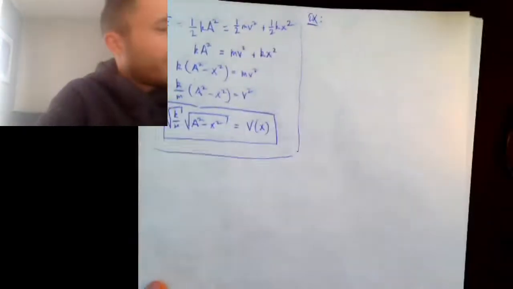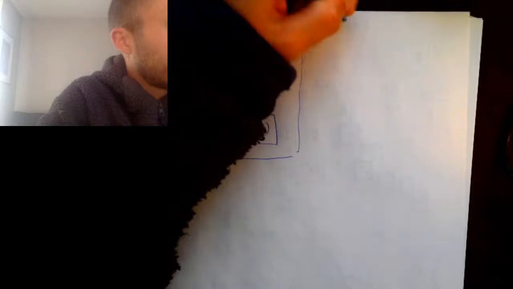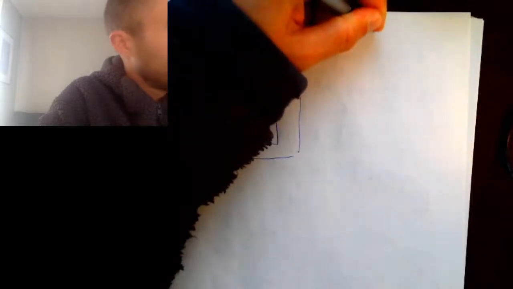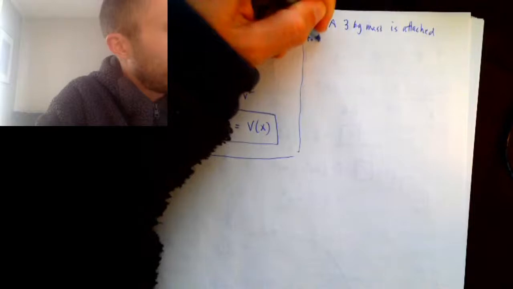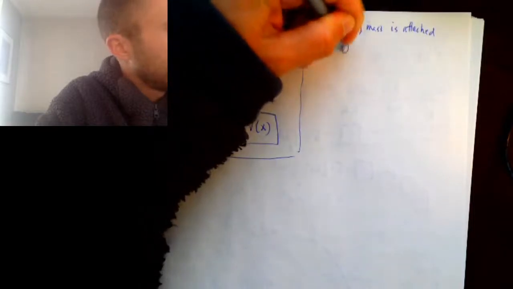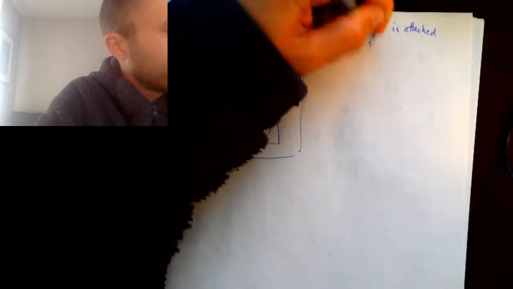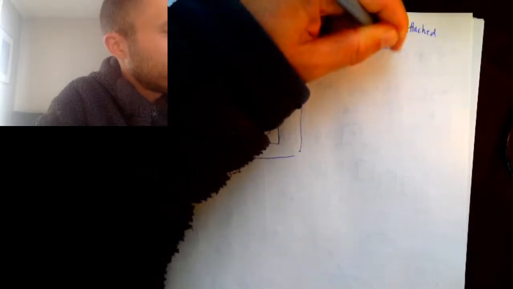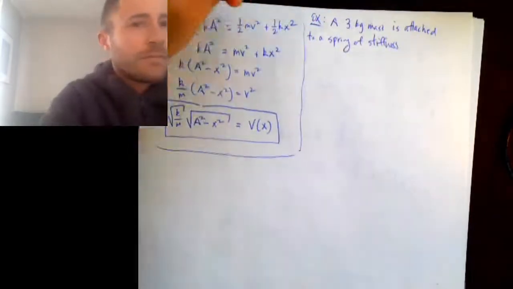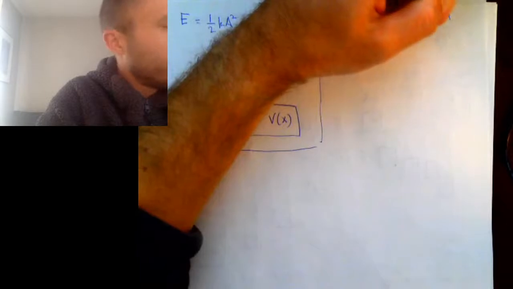So we have a 3 kilogram mass attached to a spring of stiffness 100 newtons per meter.